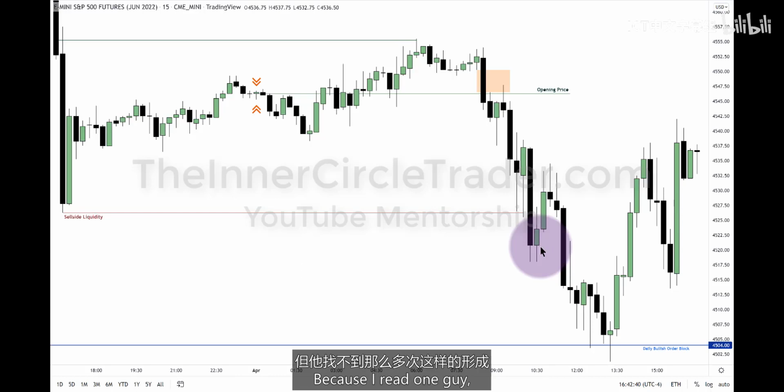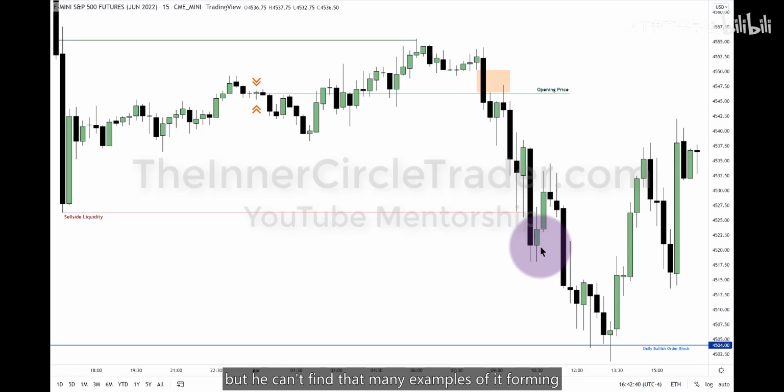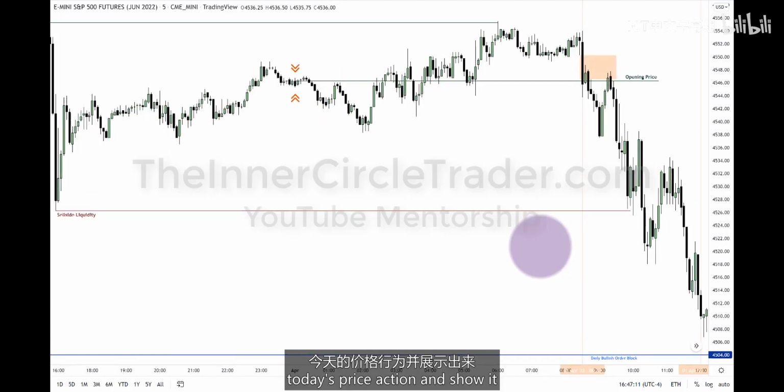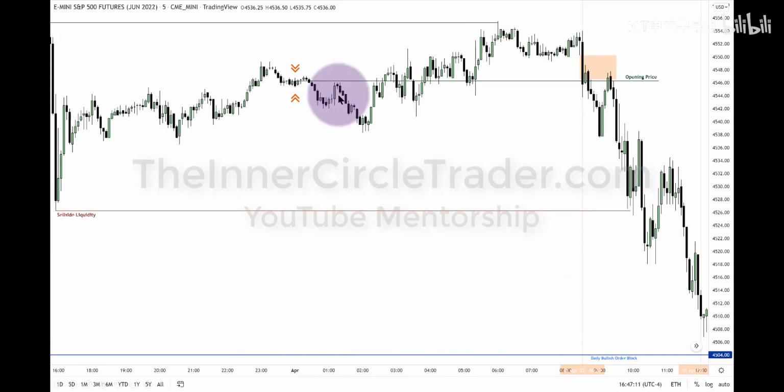What did I mean by that? Because I read one guy, he was saying, I can't even find 4 examples of this. Or I may not be saying this correctly, but he can't find that many examples of it forming over the course of a week, let alone a few times in intraday. So we're going to walk through today's price action and show it with clarity.